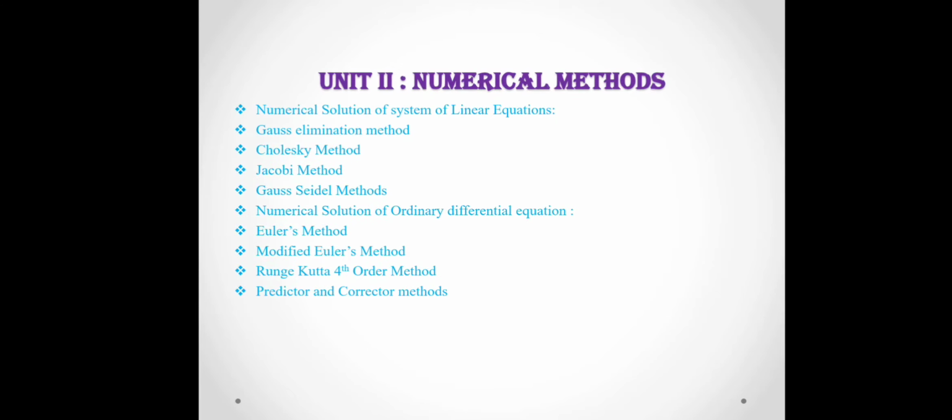The second unit is numerical methods. In this unit, there are 2 important parts. The first part is numerical solution of system of linear equations, and the second part is numerical solution of ordinary differential equations. In the first part, there are 4 methods given to find the solution of a system of linear equations: first, Gauss elimination method; second, Cholesky method; third, Jacobi method; and fourth, Gauss-Seidel method.